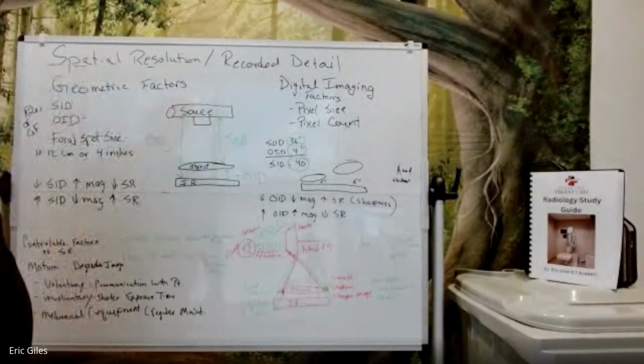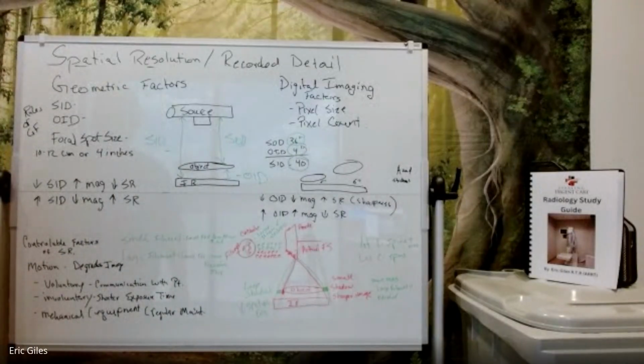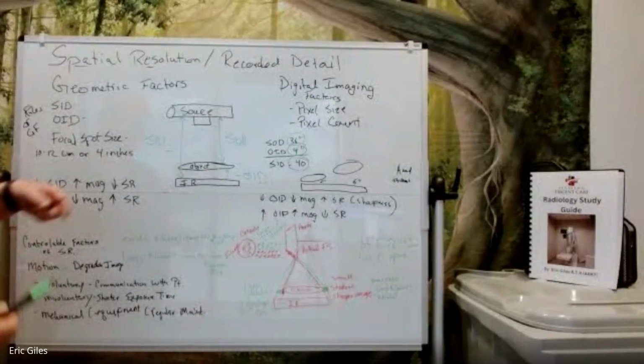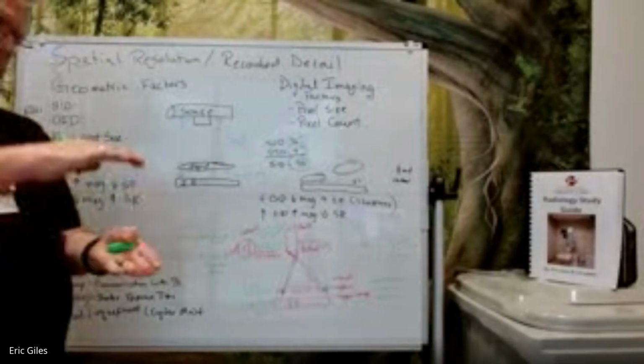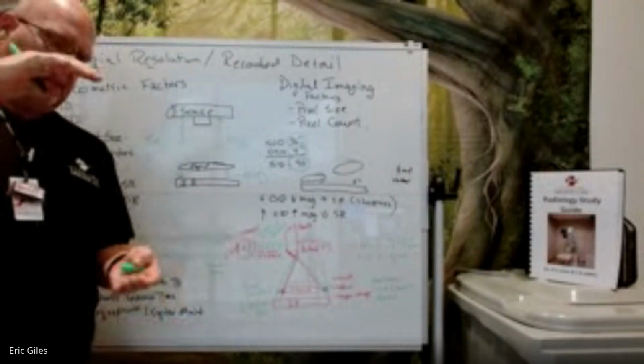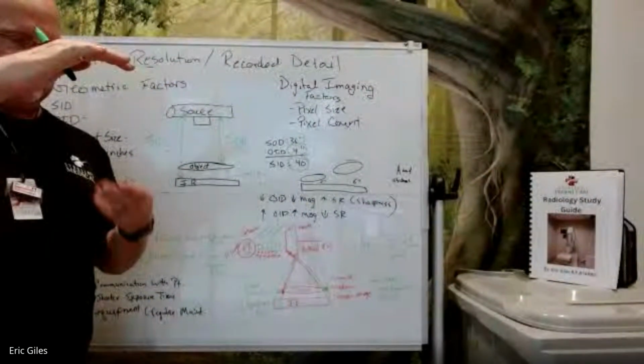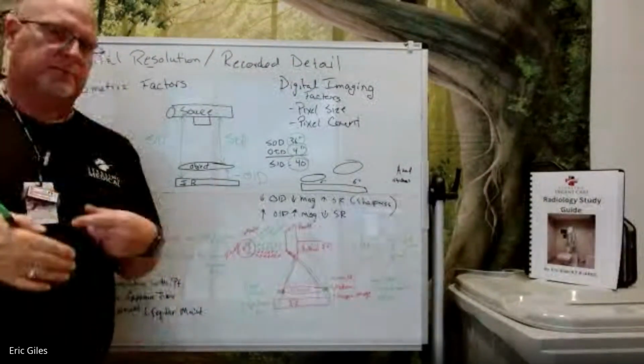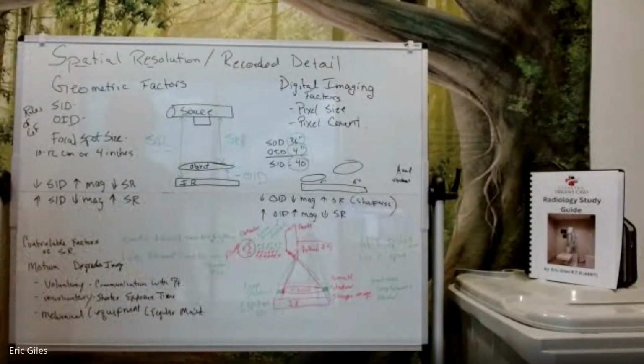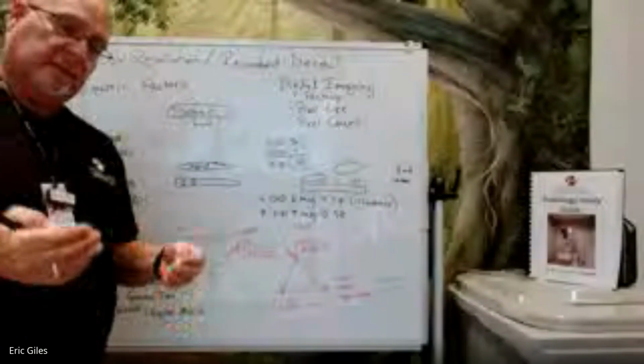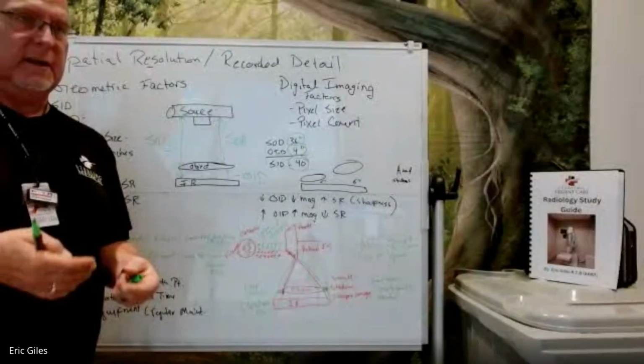Okay, so as far as source to image distance goes, that's the distance between our X-ray tube and our image receptor. As a rule, the more distance you have between your X-ray tube and your image receptor, the more spatial resolution you're going to have, or the less magnification you're going to have.